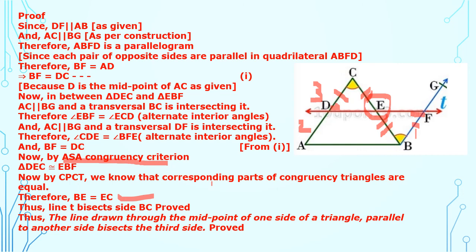And thus you can write the theorem that the line drawn through the midpoint of a side of a triangle and parallel to the second side will bisect the third side, because E bisects this, CB is bisected by line T. Or if you just write EB is equal to EC, then also it is enough.